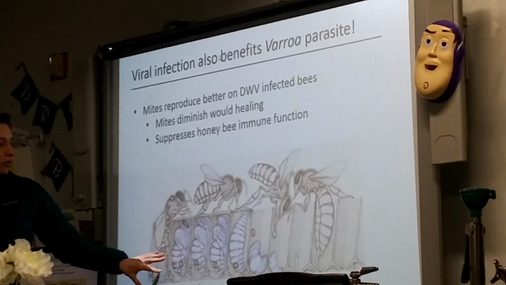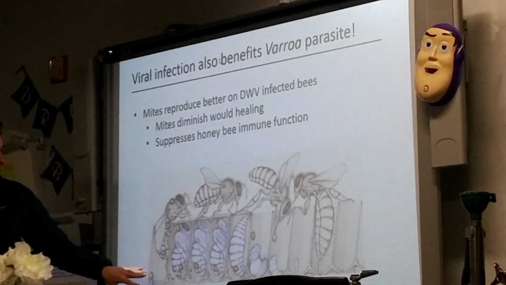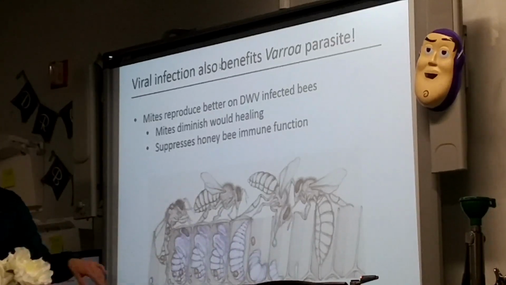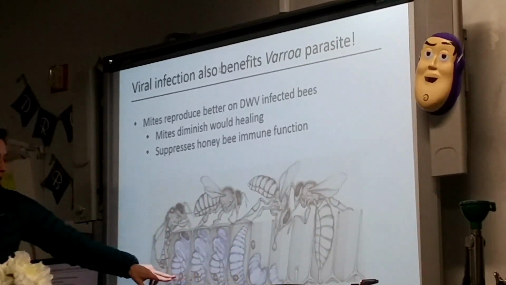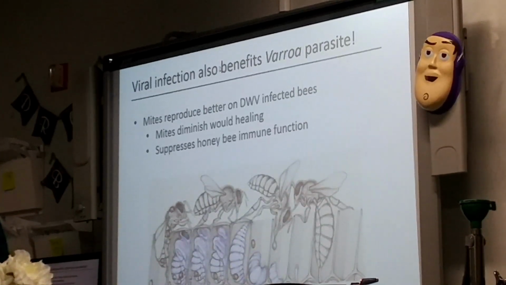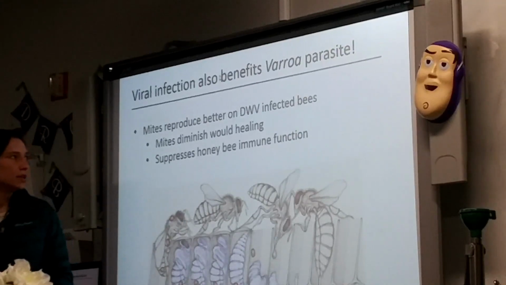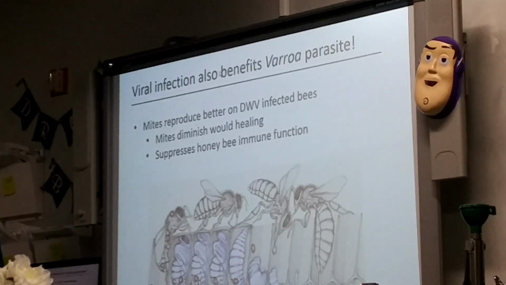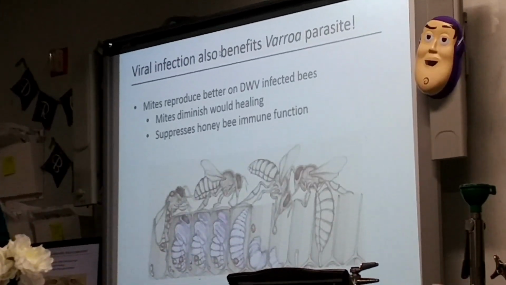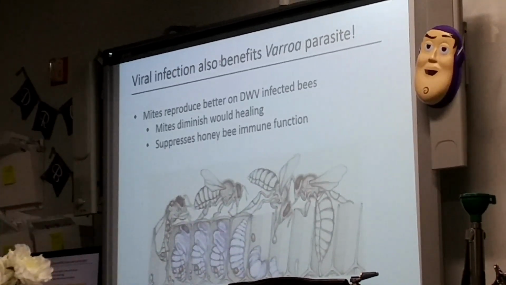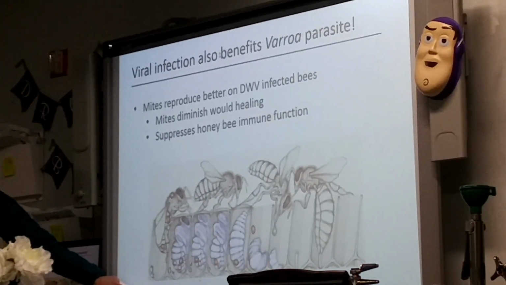So as many of you know, the mites actually reproduce by feeding on pupal bees as they develop into adults. Well, if this pupa is infected with the deformed wing virus, more mites are produced during this process. It's not known why that's true. It's possible that the mites are diminishing wound healing. They're just basically stressing the immune system or suppressing it in some other way that facilitates mite feeding. So again, these are interacting factors.